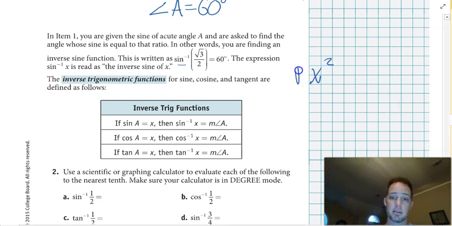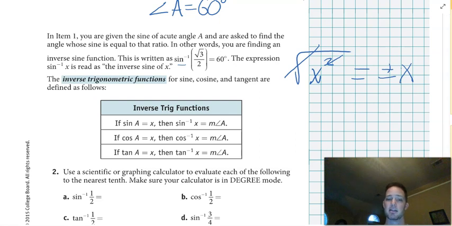You could take the square root to undo it, and they cancel each other out, and I'm left with, in this case, square root of x squared would be plus or minus x. So the whole point of an inverse operation is to be able to cancel out a function, and sine, cosine, and tangent are functions that we can undo using inverse operations.